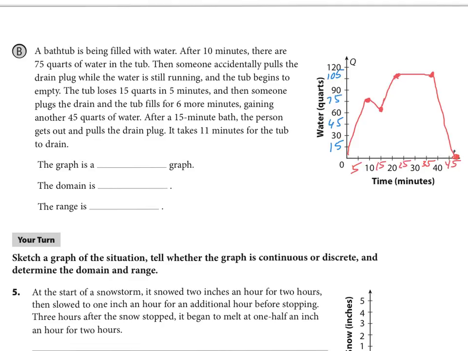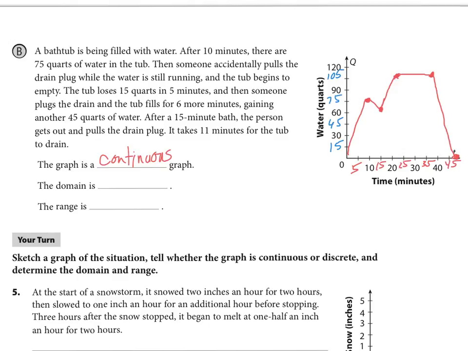Now, doing the graph is a whole lot easier to help you answer the next questions. The graph is what kind of graph? It's a continuous graph. It keeps going the whole time. We keep putting water in and losing water continuously.